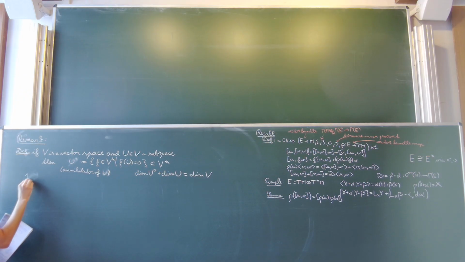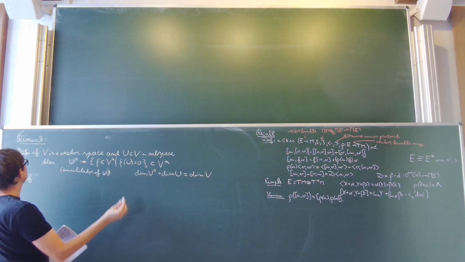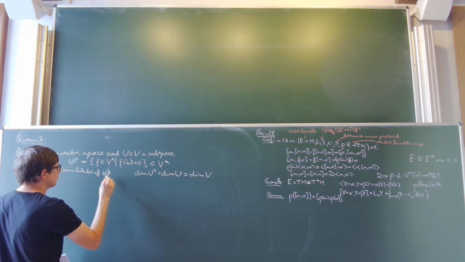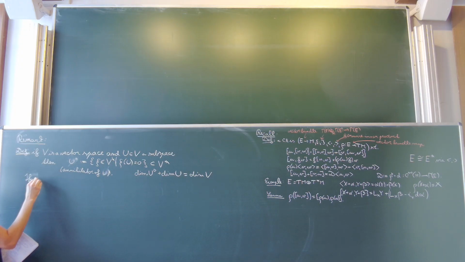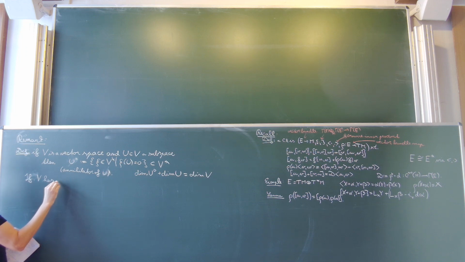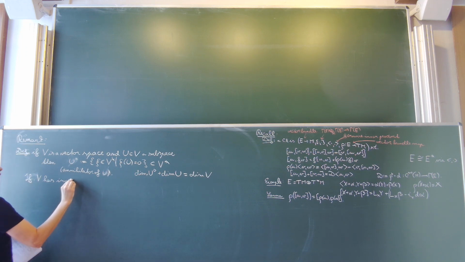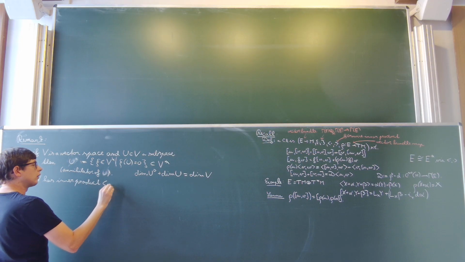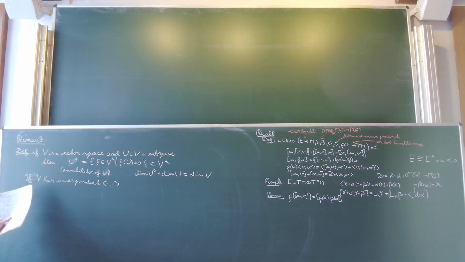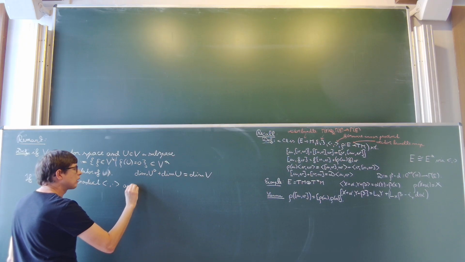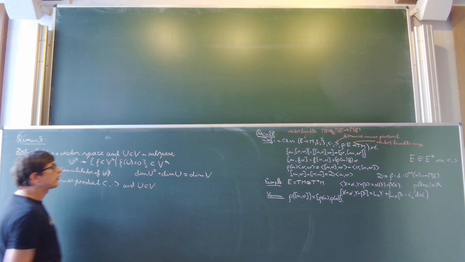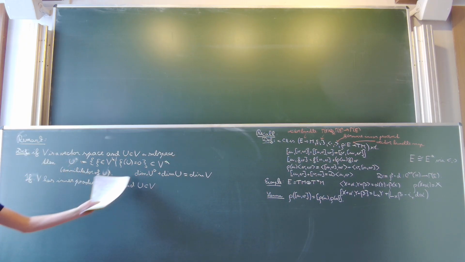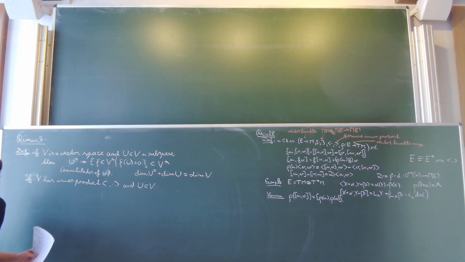Okay, and now the definition. If V has an inner product, and again U is a subspace, then again there is a way to create something that has complementary dimension, namely by taking the orthogonal complement.